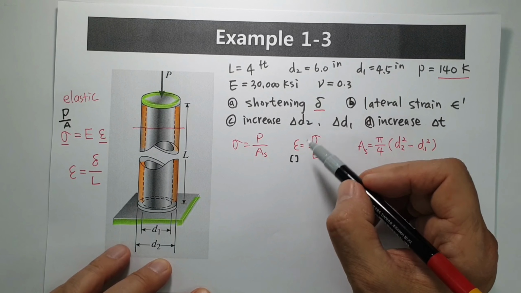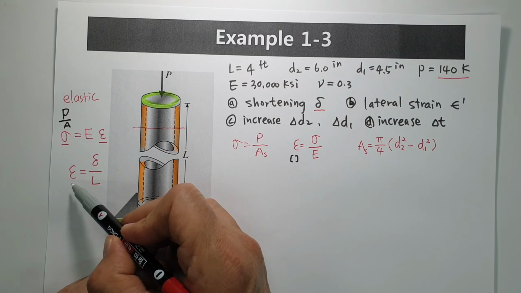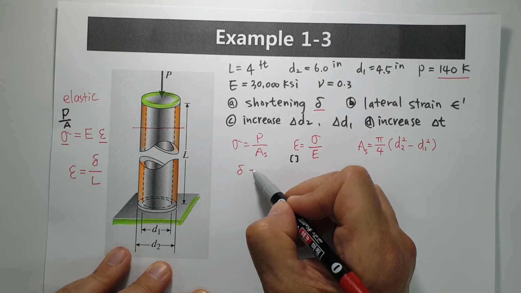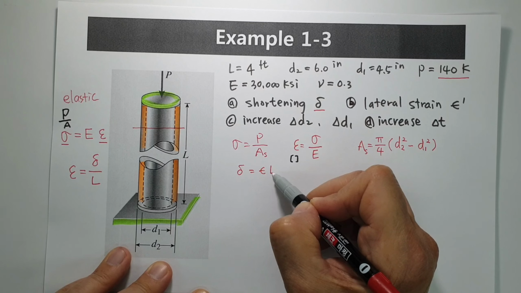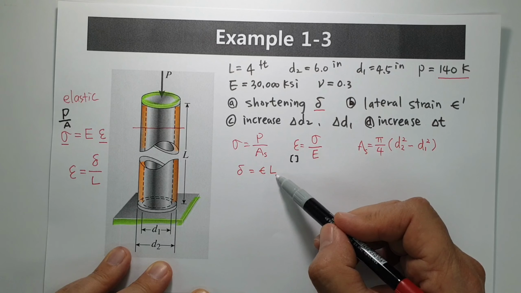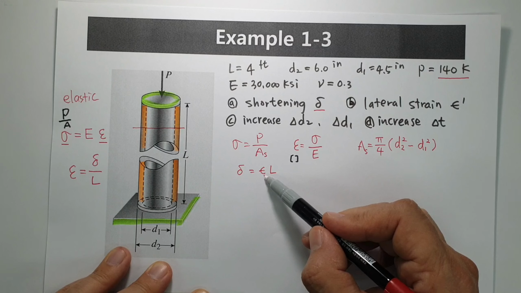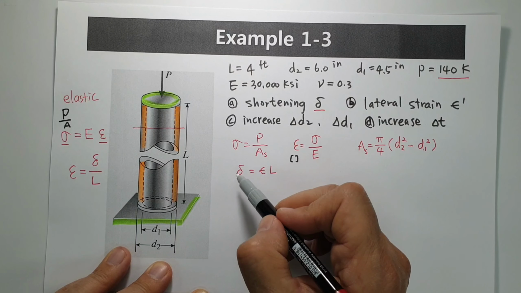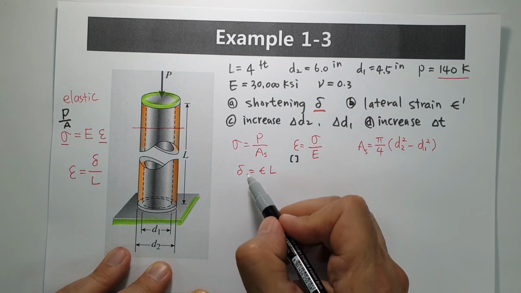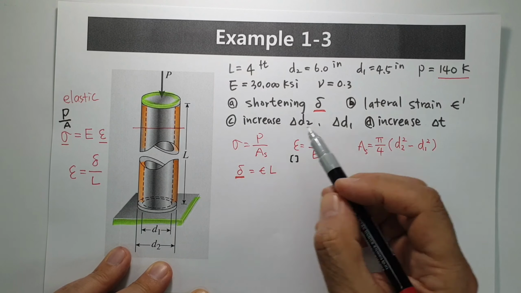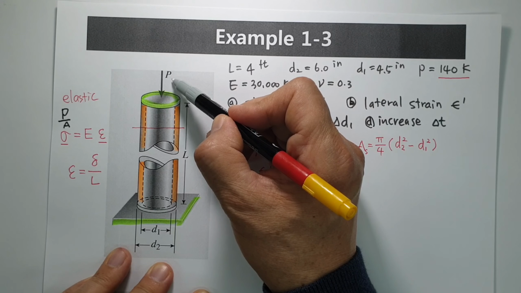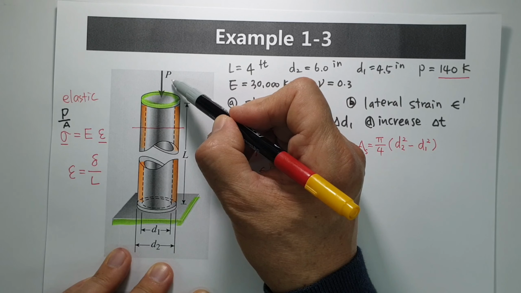Then we know the epsilon value, and we can calculate delta. Delta is what? Delta equals epsilon L. We know the L value here, and epsilon is known. Finally, you can find the shortening delta. Why shortening? Because the external force is a compressive force.